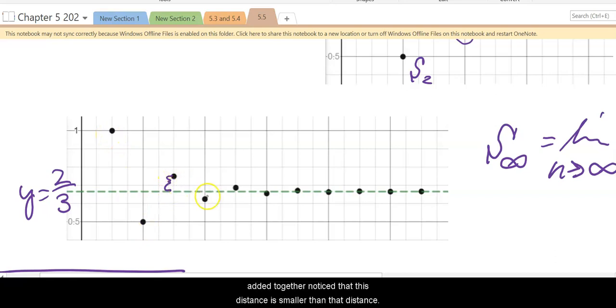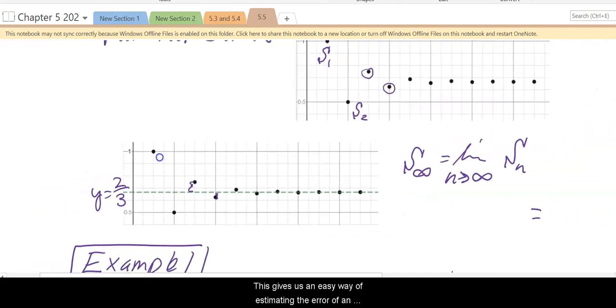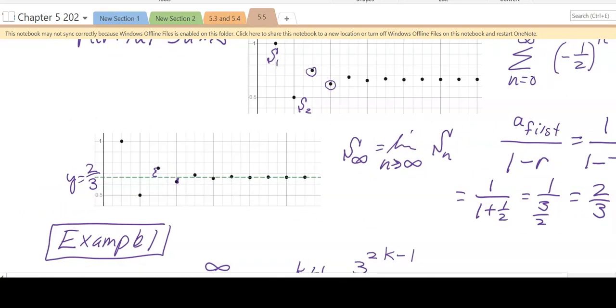Notice that this distance is smaller than that distance, and in fact is smaller than that value. That means that the remainder is less than the absolute value of the next term in the sequence. This gives us an easy way of estimating the error of an alternating series.